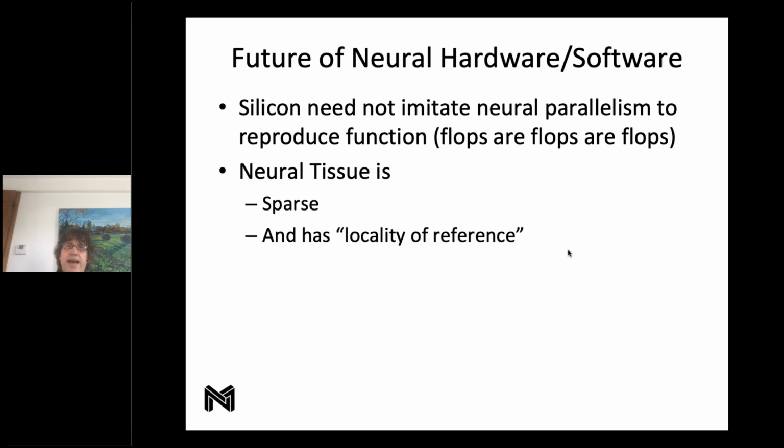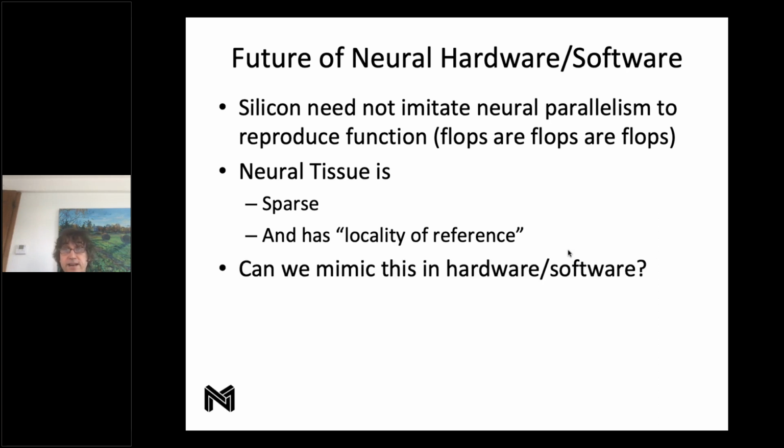And neural tissue has locality of reference. These are the 2 things that I think we should take away from looking at brains. This is what we need to mimic. Can we actually mimic sparsity and locality of reference?